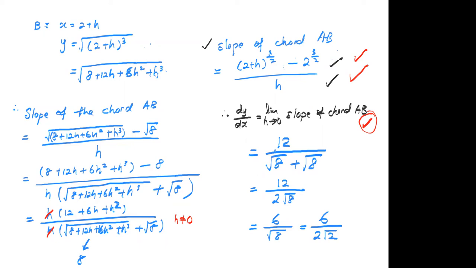Yes or no? No, you should know how to change. I have taught you how to change. 8 is 4 times 2. So root 4 is 2. So you cancel. So I got 3 root 2 over 2. So that 1 mark is here.